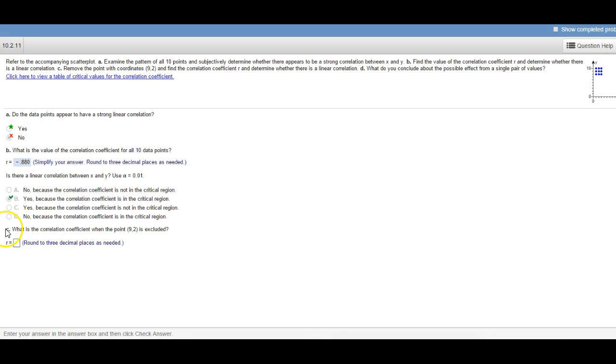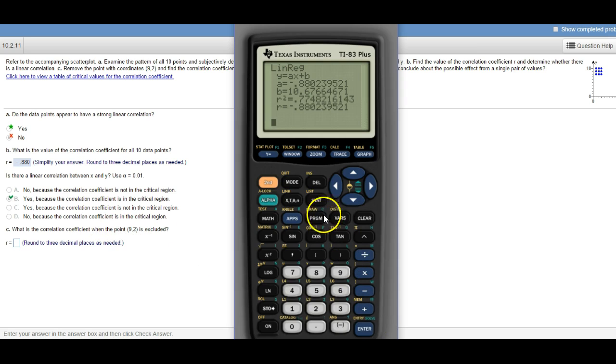And then the last part, what is the correlation coefficient when the point (9, 2) is excluded? What we have to do there is go back into our stat editor and go down to that very last point and take away the 9 and the 2. So I'm just going to delete and delete. Then I'm going to go back, second mode, and run the linear regression again. Since this is the last thing I did, I can just hit enter on the calculator.